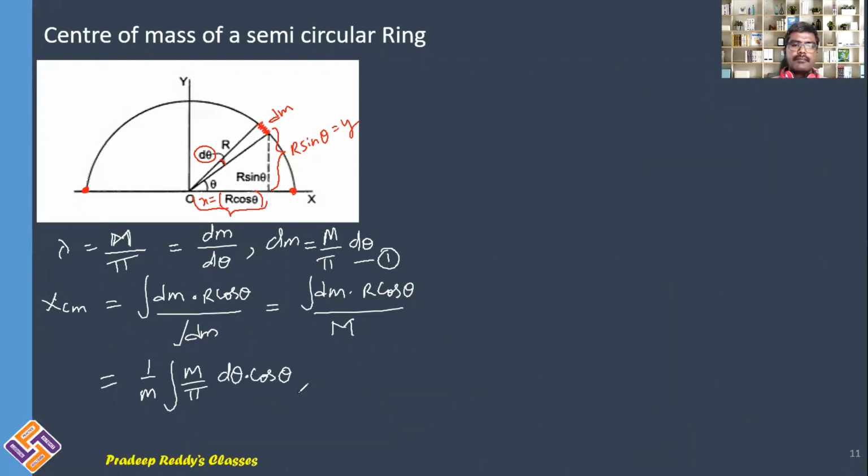and its limits are from, see, if you are taking this very small element dm here, if you are taking a very small element from the origin, what is the angle here? This angle is 0. You can take it along the x-axis, its mass on the left side is this mass, and similarly on the right side there will be one element here.